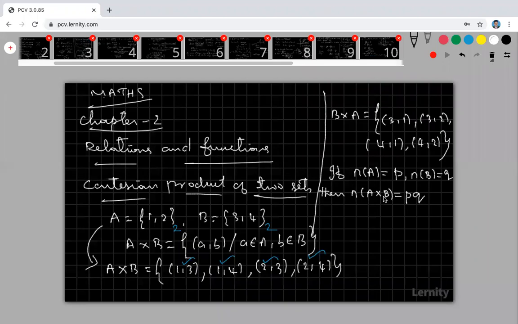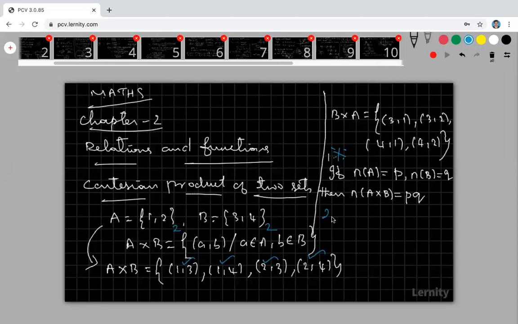A cross B is the Cartesian product. This is the first important note: n(A) is equal to p, n(B) is equal to q, then n(A cross B) is equal to pq. Definitely, we may expect one question in your short answers, 1 mark.